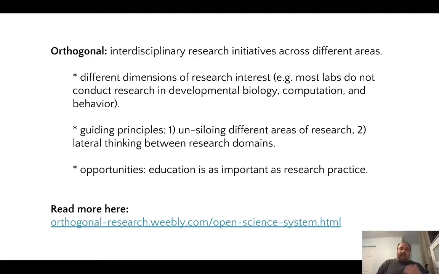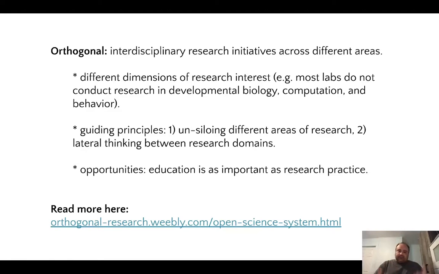What are our guiding principles? One of these is actively unsiloing different areas of research. It's not enough to just say you're being an interdisciplinary person. You have to actively unsilo these areas of research. When you're engaged in the research, oftentimes the implication is that there's a silo there, and we're trying to unsilo all of that.